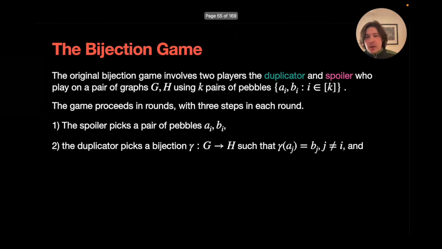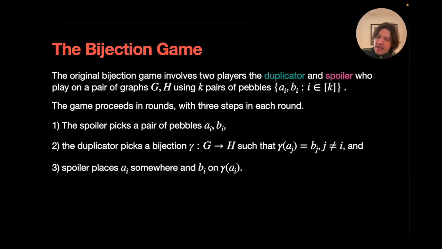Now, these might have been originally placed on the graphs, or they might not yet have been placed. The duplicator then picks a bijection, let's say gamma from G to H, such that this maps a_j to b_j for every pebble except the one we've already picked up. So it's mapping the pebbles accordingly.